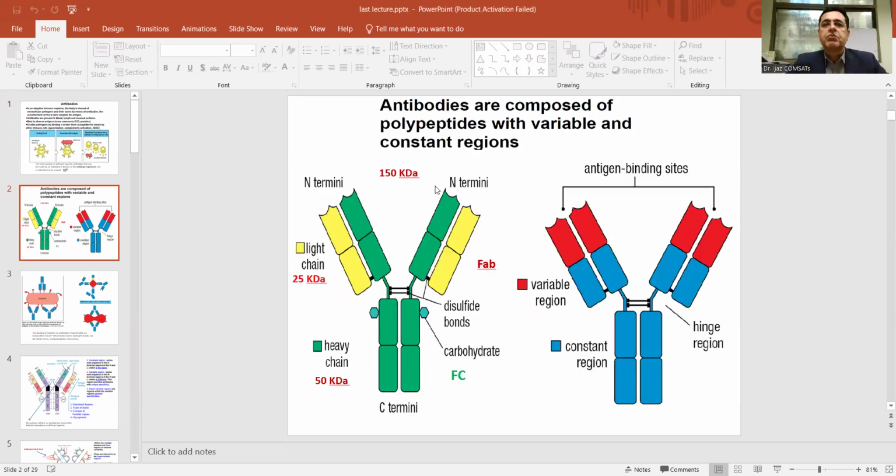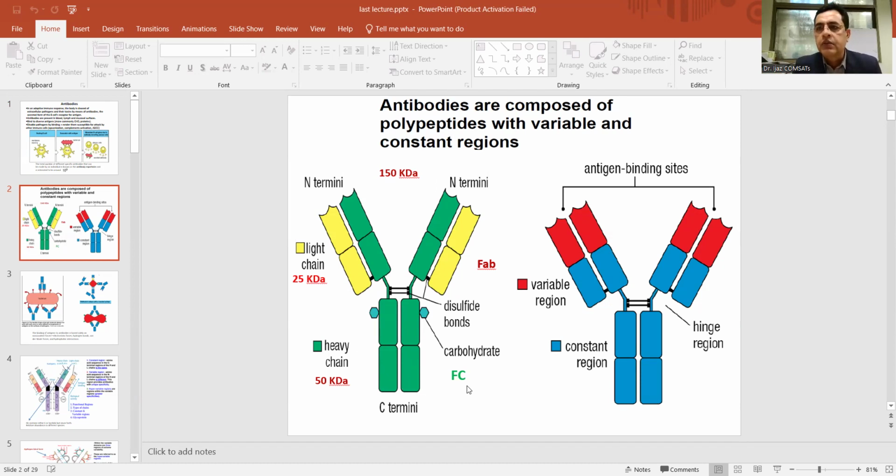The antibody is a molecule of about 150 kilodaltons. If you see here, this part of the antibody is called the Fc fragment, or the fragment crystallizable. This is the crystallizable part of the antibody. That's why it's called the Fc region.